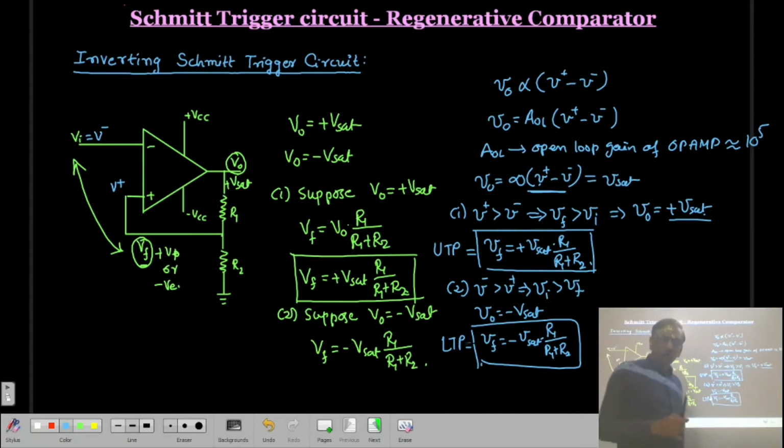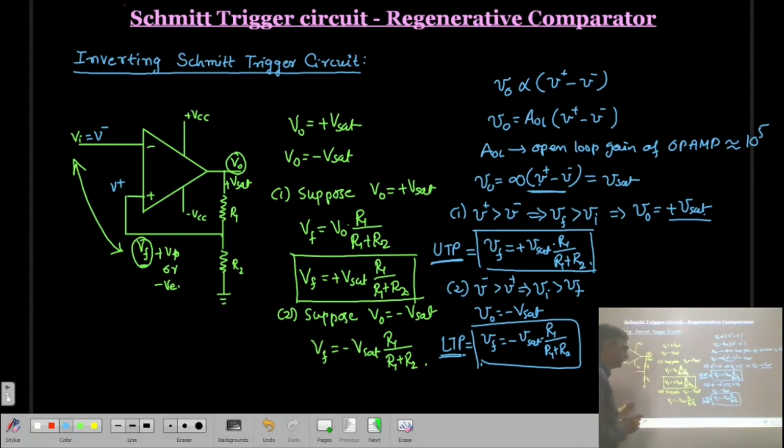So the output of this circuit will be triggered, or changed, whenever my input voltage crosses the UTP or the LTP, and accordingly the output voltage will be either in plus V saturation or in minus V saturation.